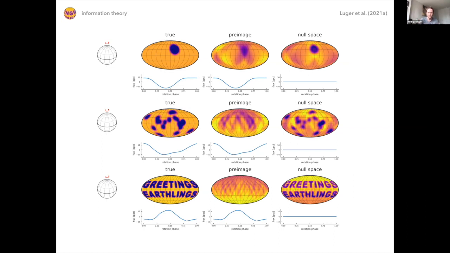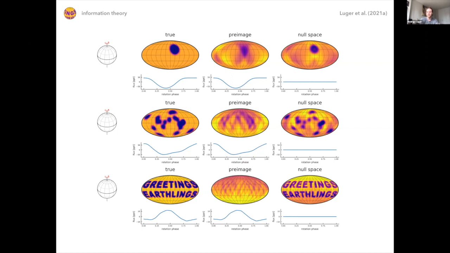So if I naively fit the top light curve with a spot model or with a surface map model of some sort, provided I have a uniform prior on the values of all the pixels or all the spherical harmonics, I will get the stuff in the central column.